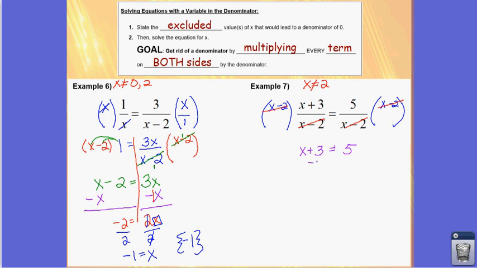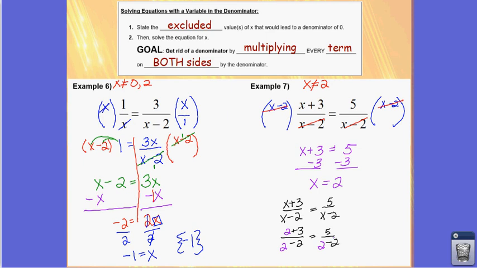So now if I subtract 3 from both sides, I find out x is equal to 2. But wait, is 2 allowed to be my solution? Let's check it out if we plug it in. If I try to substitute into my original equation, if I plug in 2, I would have 2 plus 3 over 2 minus 2 should equal 5 over 2 minus 2.